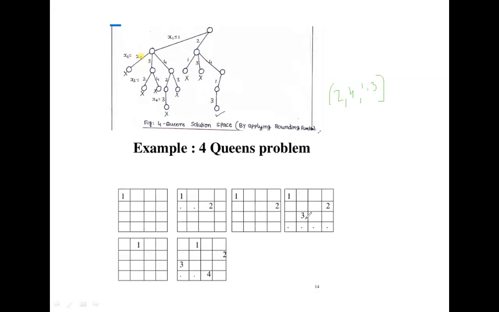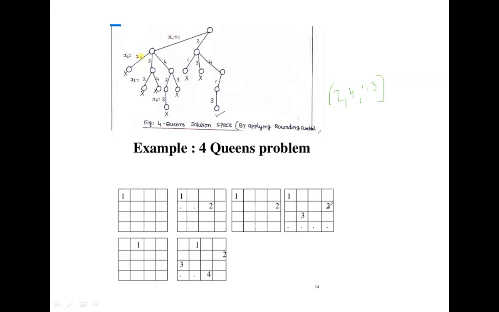Now it is not possible to place Queen 4 here, so the bounding function occurs. So I again backtrack to 3. I change the 3 position, but it will not work. So I change 2 also, but it is not possible.